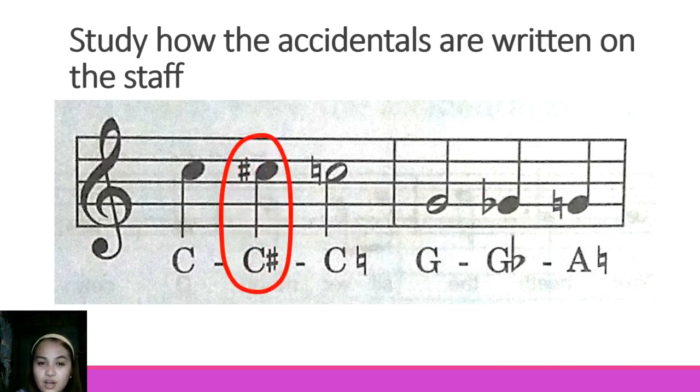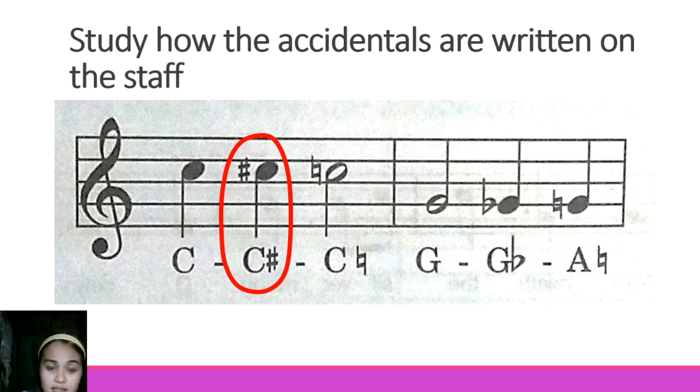Okay, C sharp. When a sharp or flat is placed on any line or in any space of a staff, the name of that line or space will change, taking on the name of the sharp or flat. So, in the first example, it is only C. The first note is only C, because it has no accidental symbol.